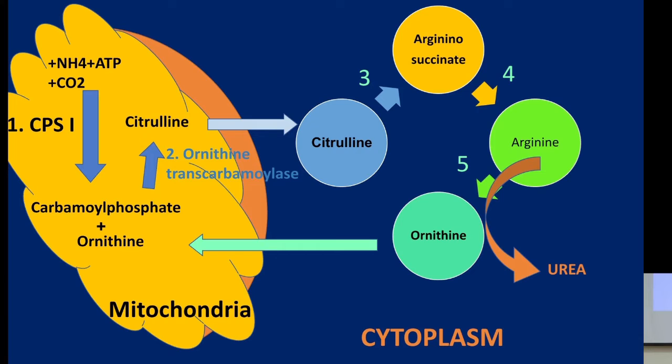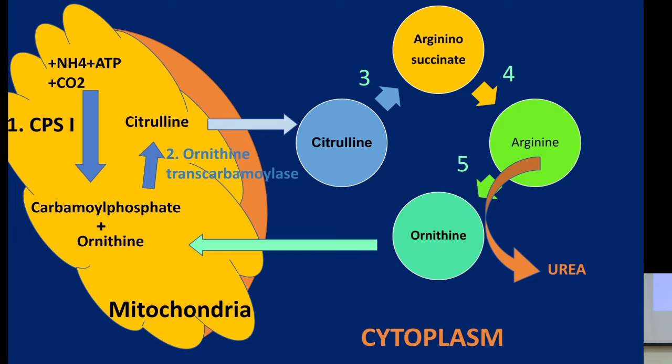So here's the first nitrogen, and I want you to think that nitrogen most likely came from the glutamate dehydrogenase reaction. You got glutamate that collected a lot of the nitrogen, you go through glutamate dehydrogenase, and you produce ammonia. Here's ammonia, here's CO2, and you need 2 ATPs.